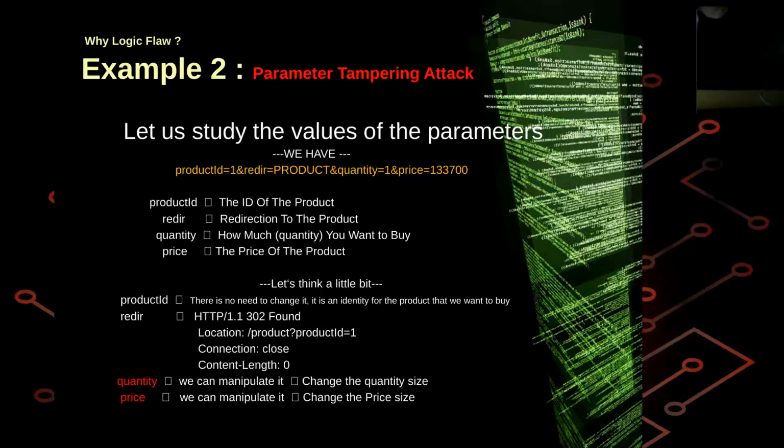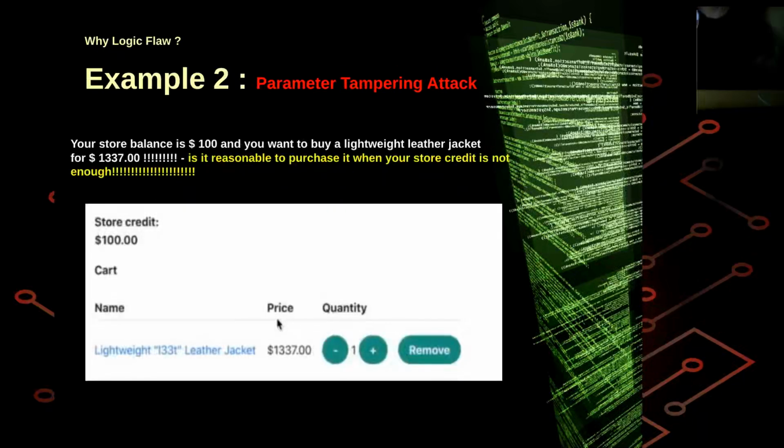So as you can see, your store balance is 100, and you want to buy a jacket for 1,300. So it is not reasonable to purchase it when your store credit is not enough.